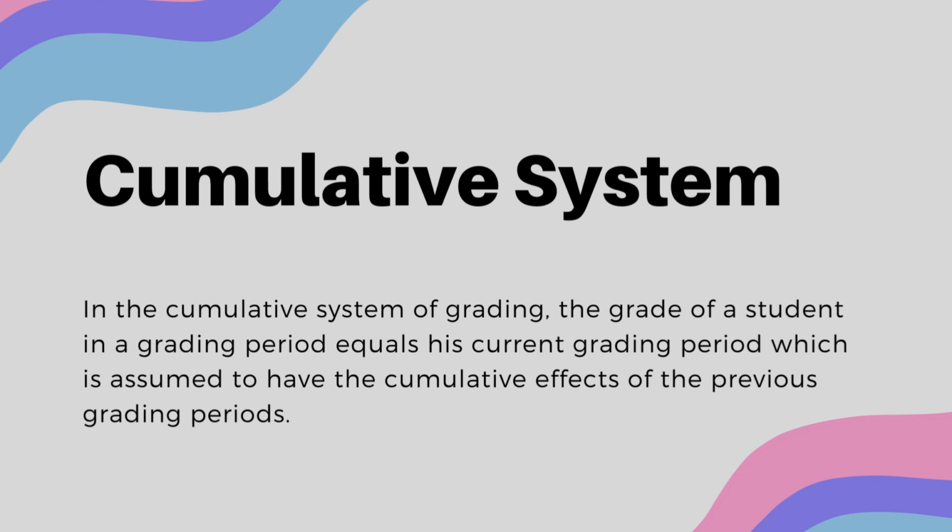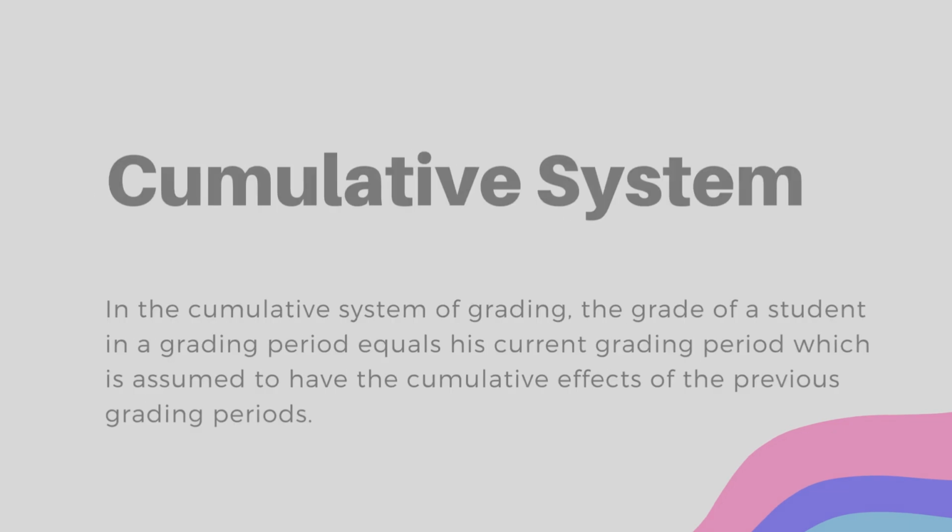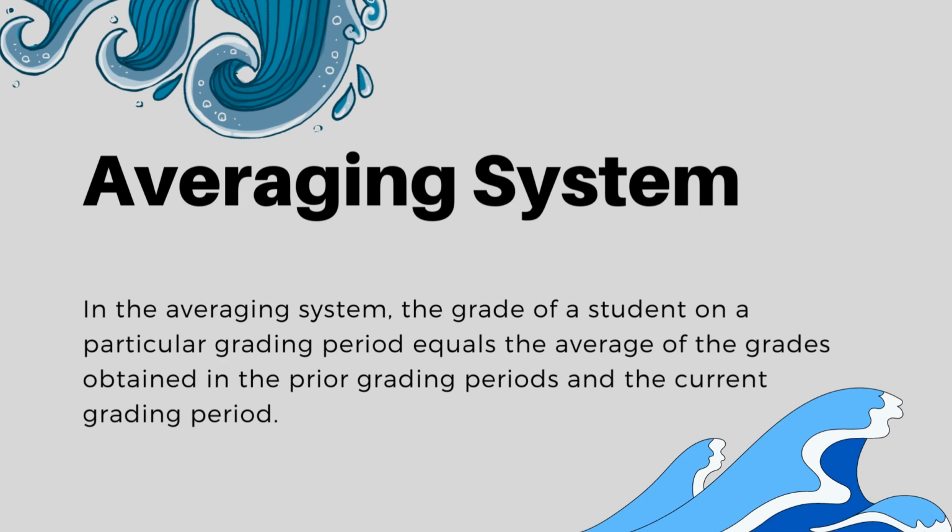For example, for the grade that we have in the final term, we obtain 70% of that and then 30% from the midterm to make up the final grade that we have at the end of the semester.